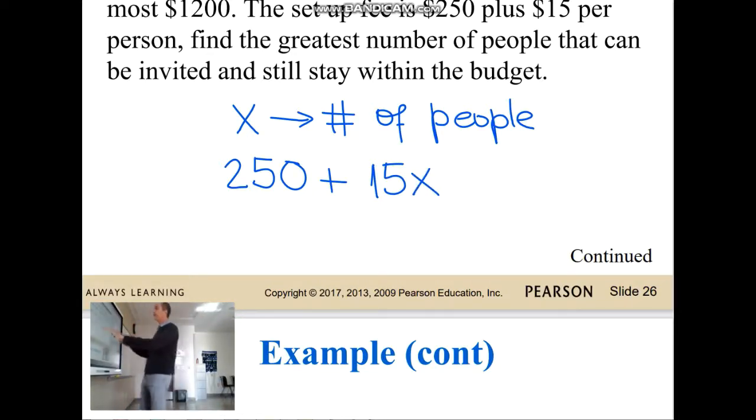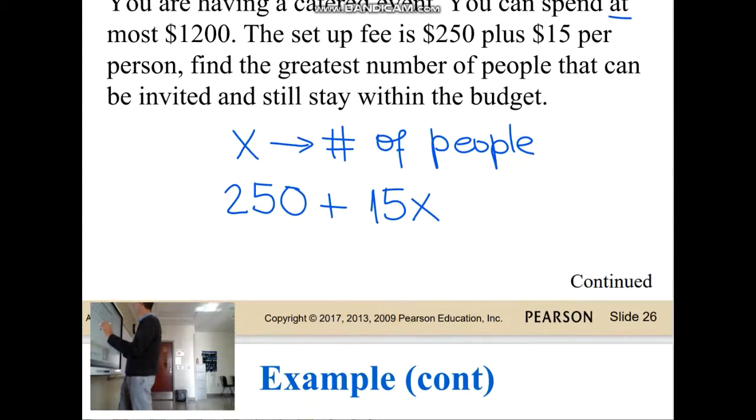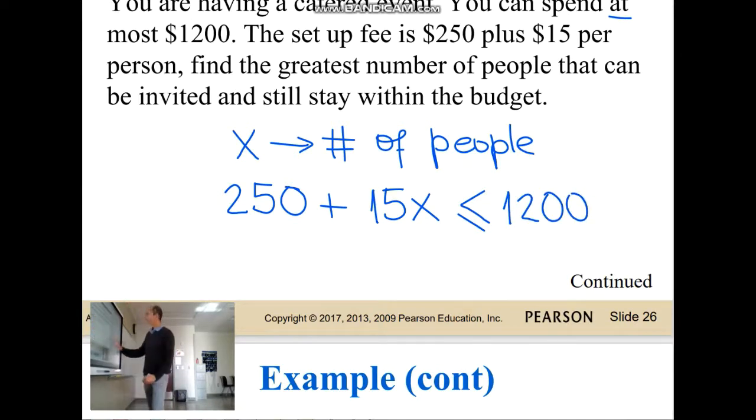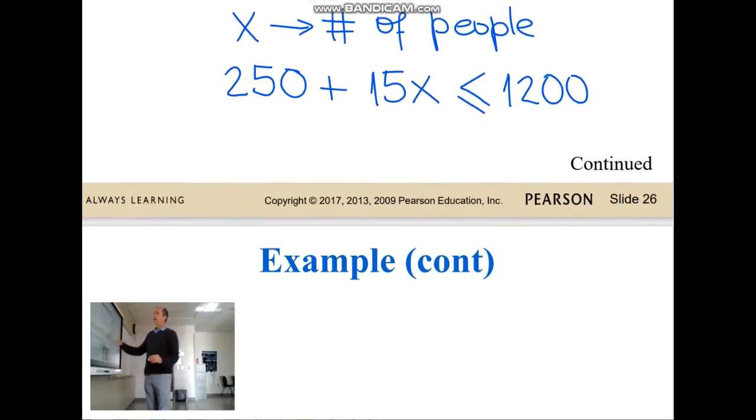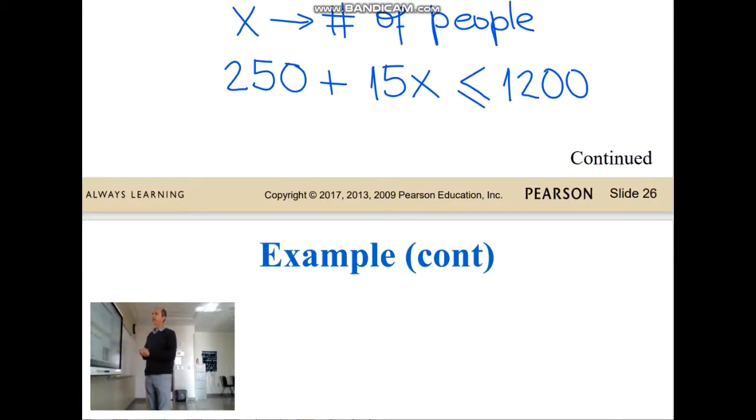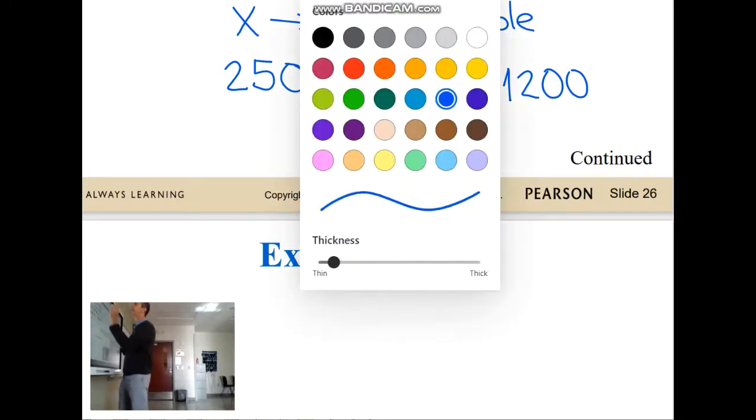And this amount needs to be, cannot exceed $1,200, so it is less than or equal to 1,200. Now you can solve this inequality by applying the addition property and multiplication property of inequality to find x.